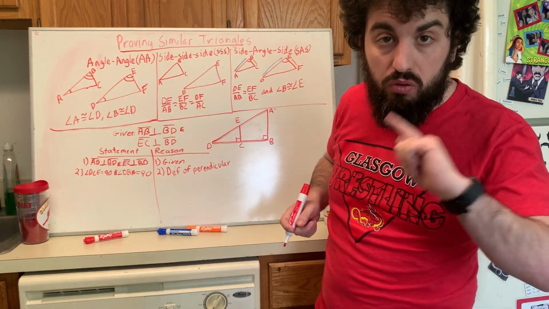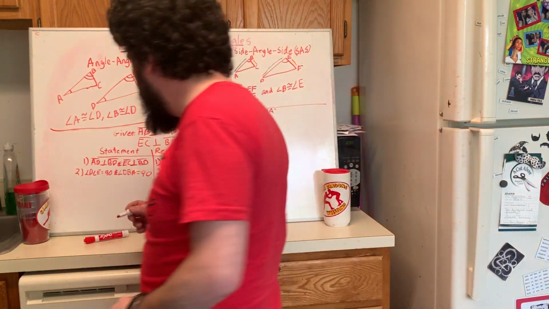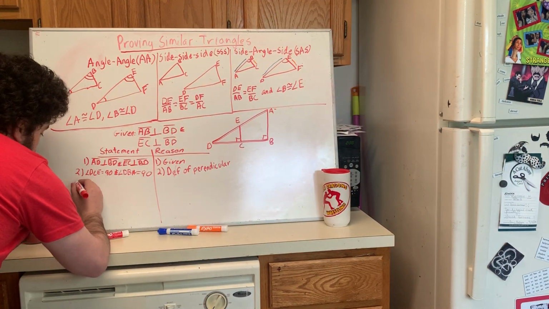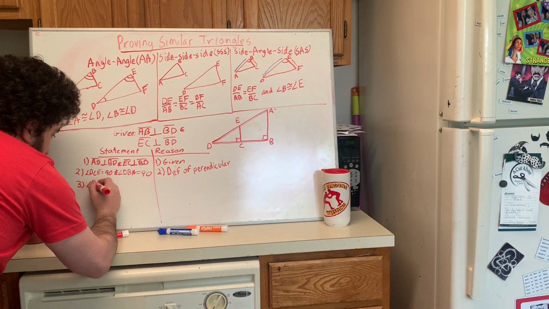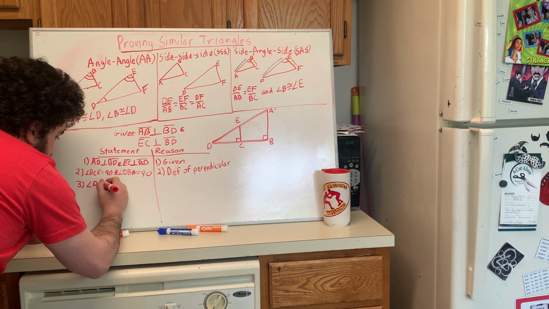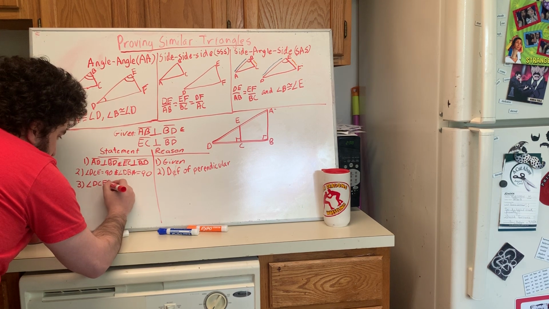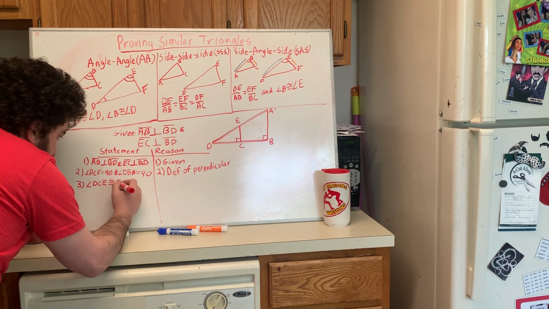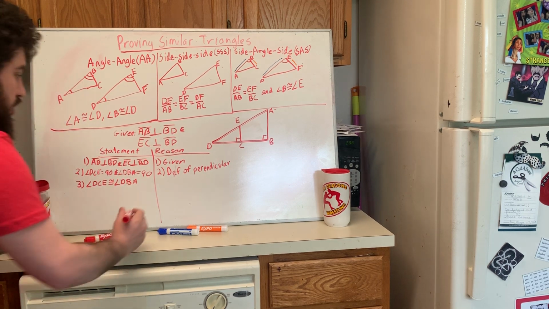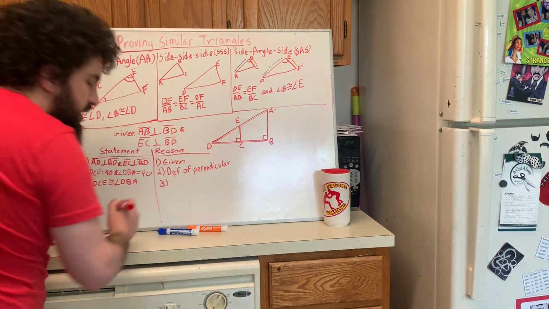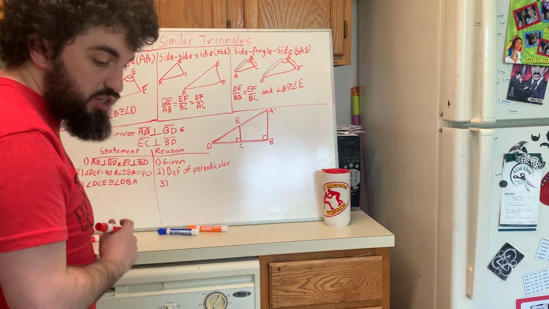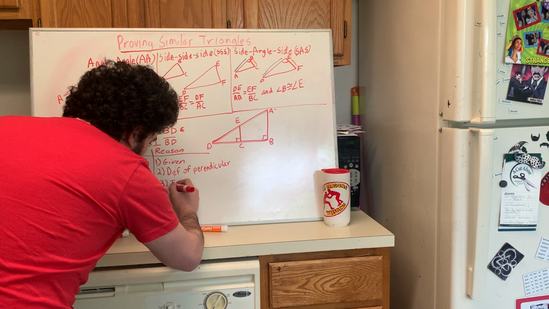So that is our reason or rationale there. So angle DCE is congruent to angle DBA through the reasoning of the transitive property.